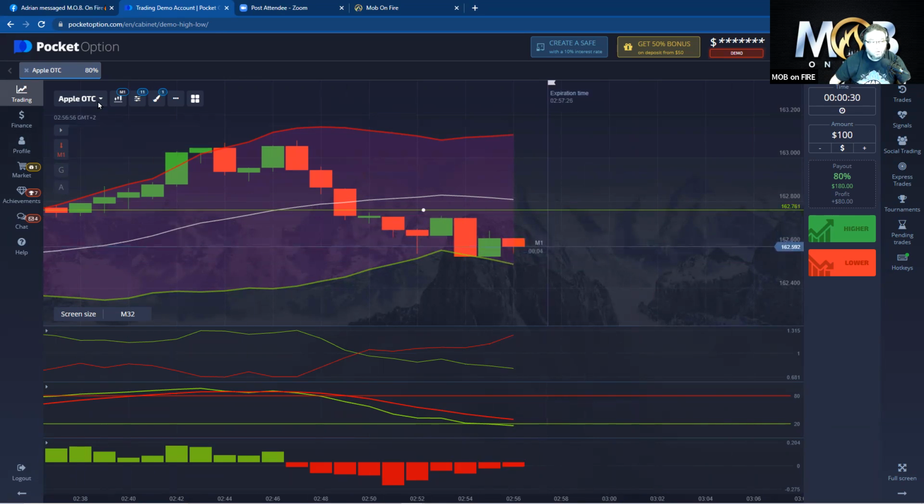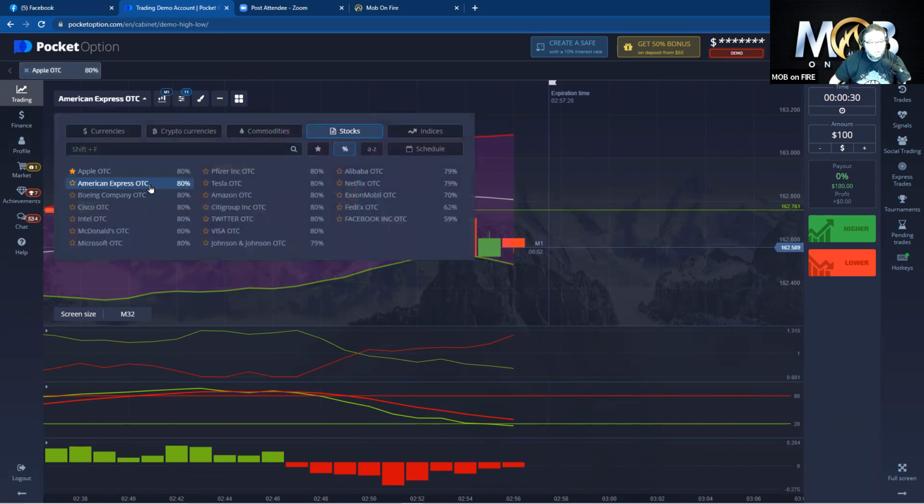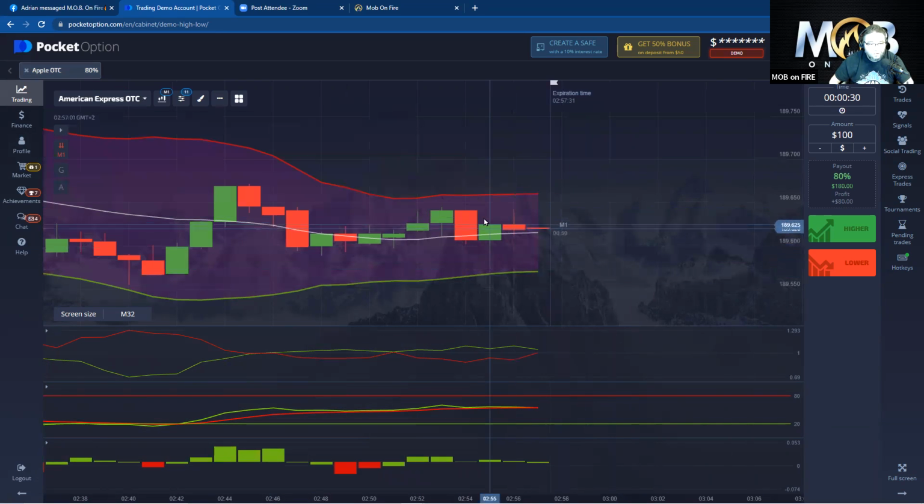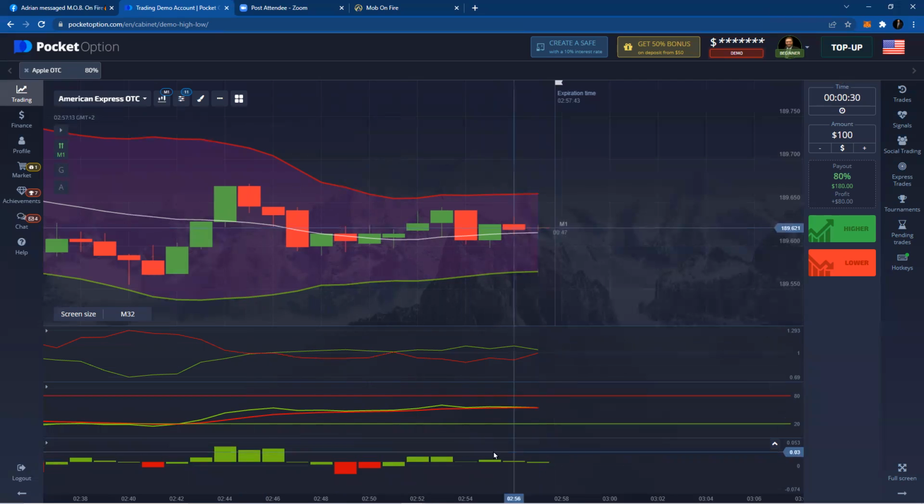But to answer your question, here's what I avoid, this stuff. See how that oscillator is flat right there? See how the vortex is very narrow? See how the volume over here is non-existent?